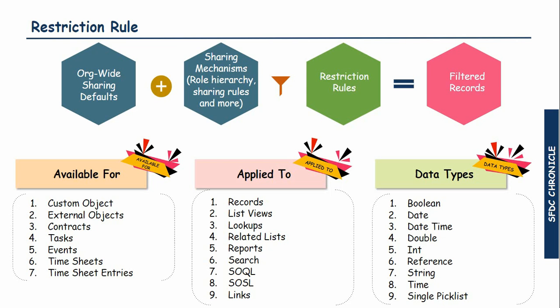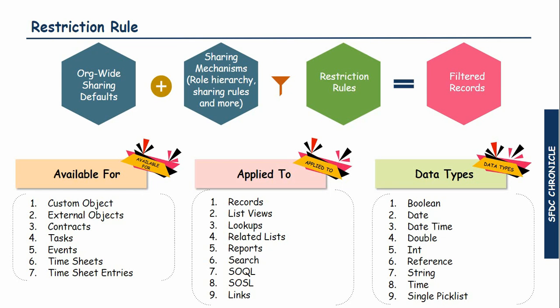But there are some considerations to keep in mind. Restriction rules are not applied for code executed in system mode. Whenever we run our code in system mode, restriction rules are not applied.